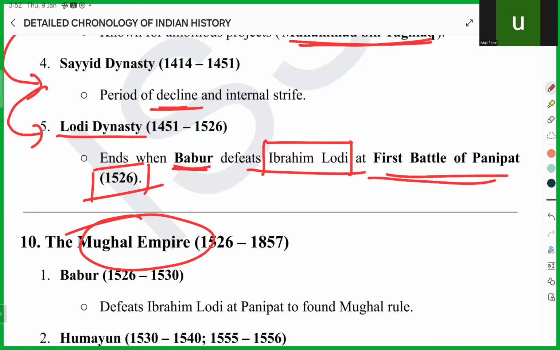Both do puja, but there is a cultural difference, right? So in this case also, both paid namaz. The Lodis and the Mamluks paid namaz, and Babur also paid namaz, looking towards Mecca. But the thing is, there was a cultural difference from where they belonged.